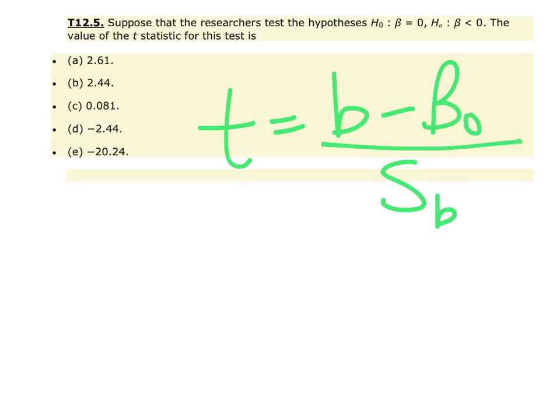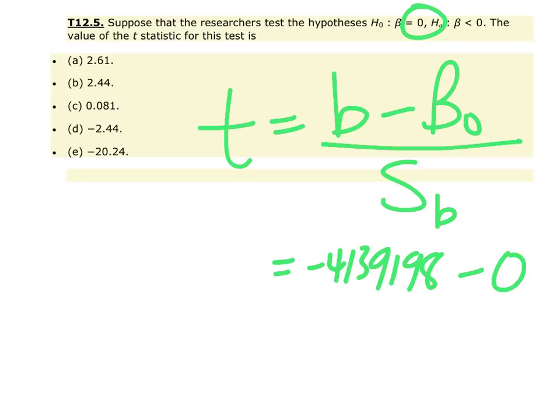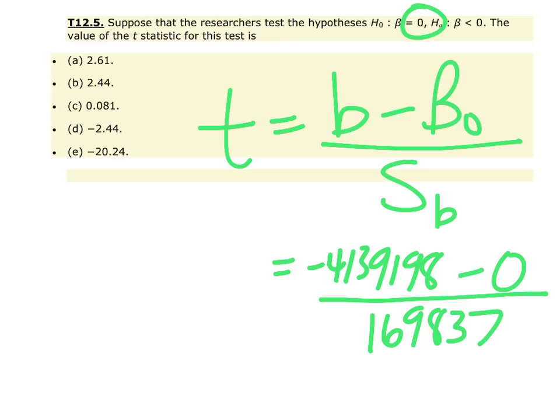So if we fill this in from the computer output, the actual slope was negative 4139198. The hypothesized beta naught is 0. And then the standard error of the slope is 169837. When you do this, you're going to get a t-statistic of negative 2.44.